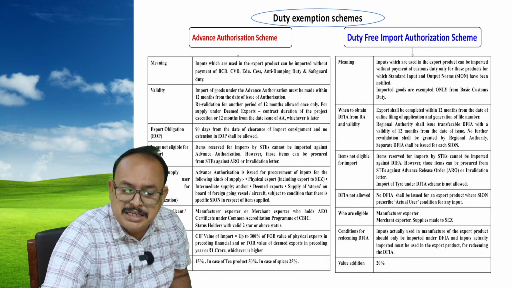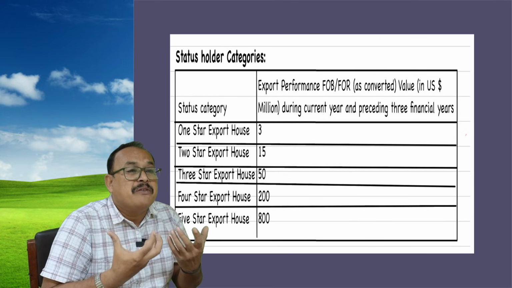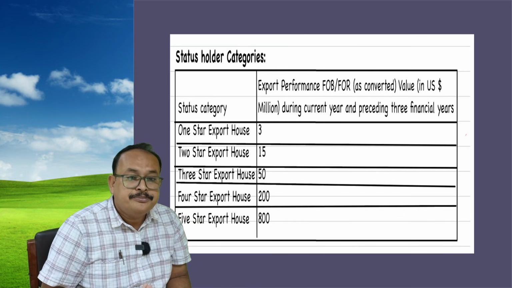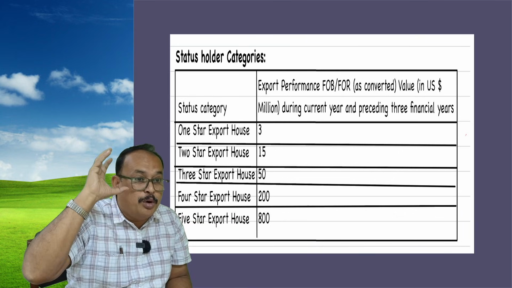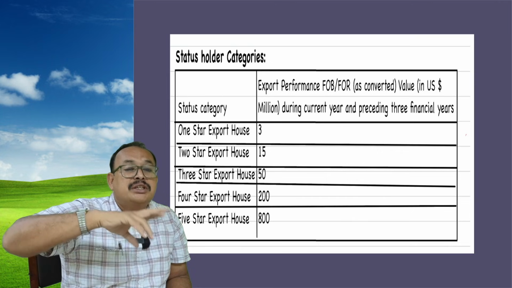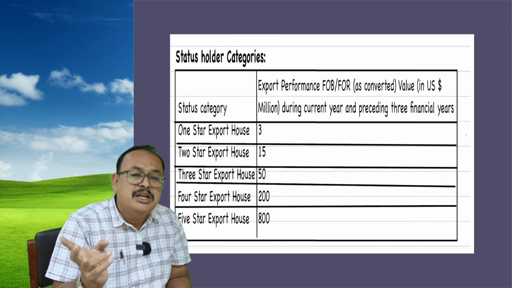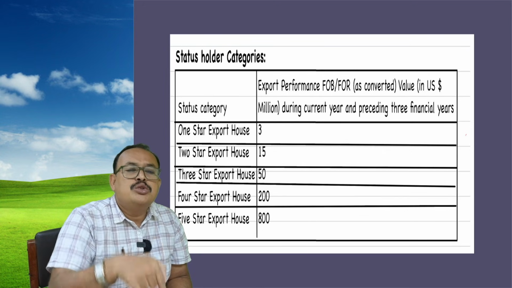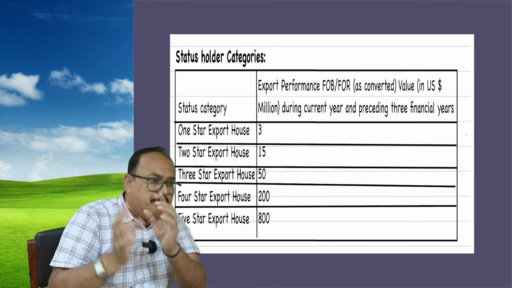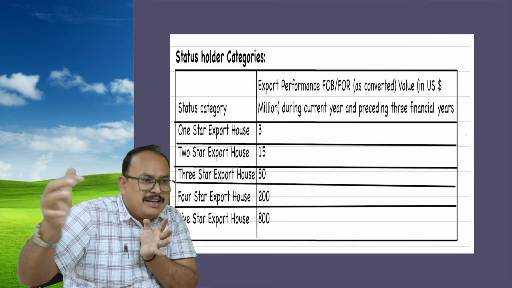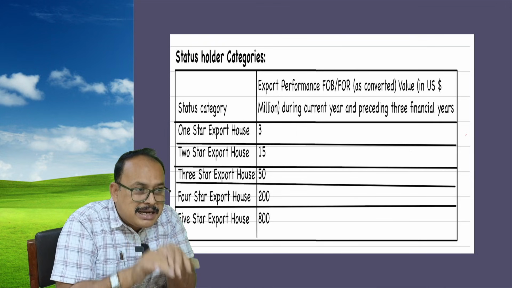Star exporter means we have a category here. Star exporters are none other than those who perform export performance like $3 million and above of exports for the past 3 years plus the current year. So year 1, year 2, year 3, previous 3 years, accumulate our exports, including deemed exports, plus the current year as of today.